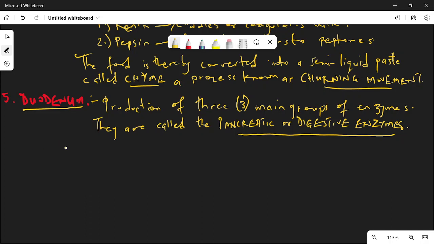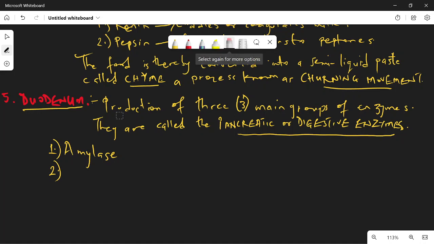So what are these three enzymes? The first one is amylase. Sorry, so we don't get confused, let me use a bullet numbering here. The first one is amylase.